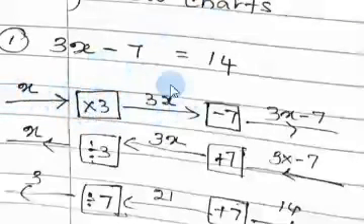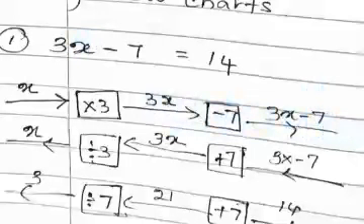From this 3x, you should subtract 7. So again, you should take another box and put minus 7 inside that box. So 3x minus 7. From 3x, you have to subtract 7.